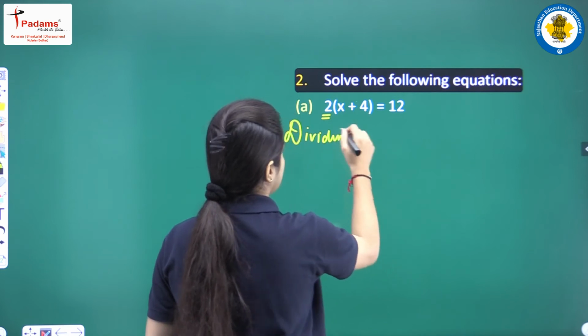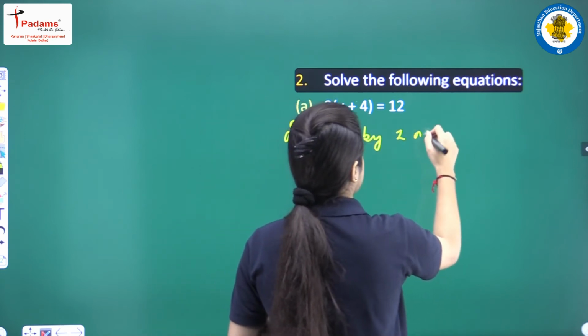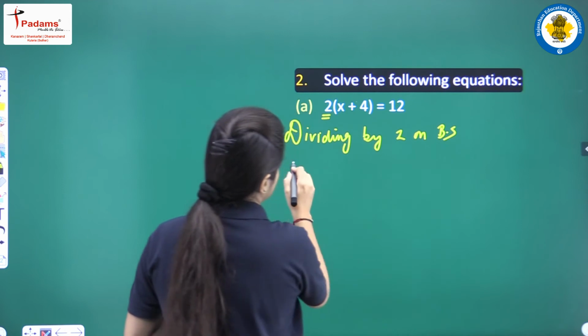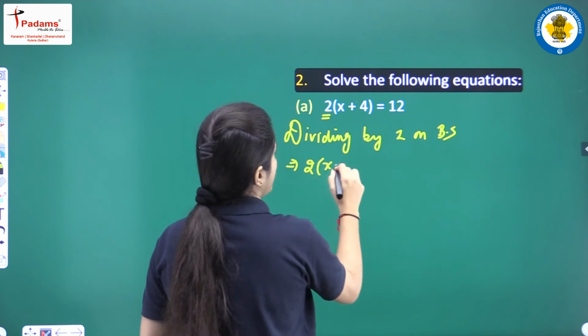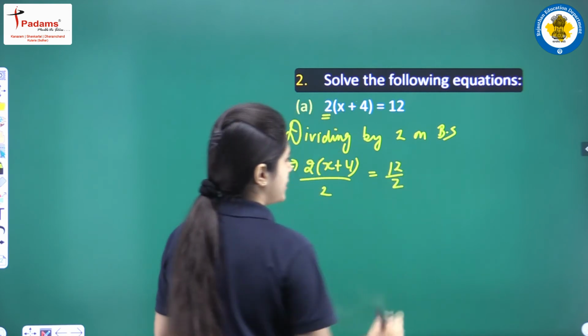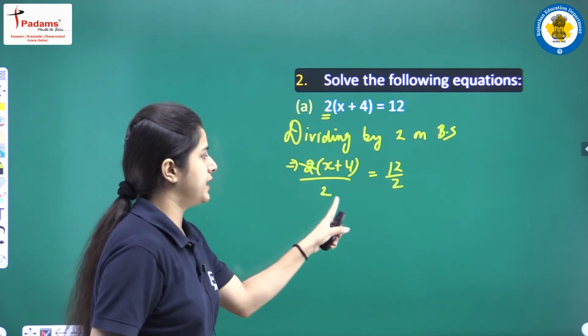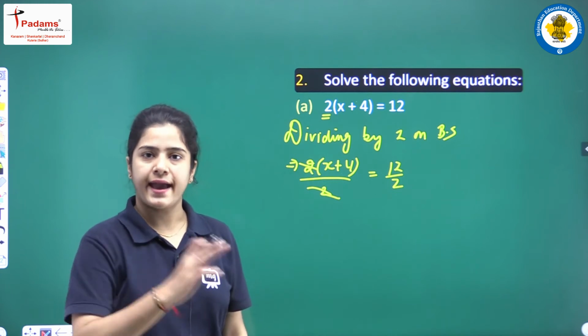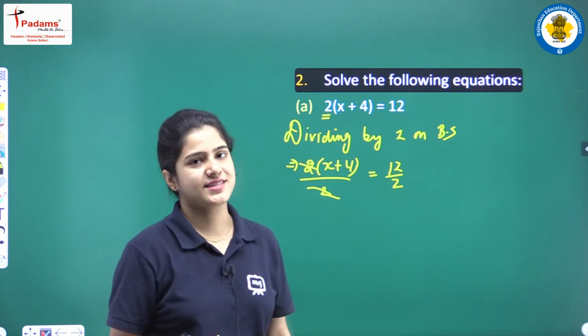Dividing by 2 on both sides, 2 into (x plus 4) upon 2 is equal to 12 divided by 2, right students? Now this 2 and 2 will cancel out each other, as 1 is in the denominator and 1 is in the numerator.